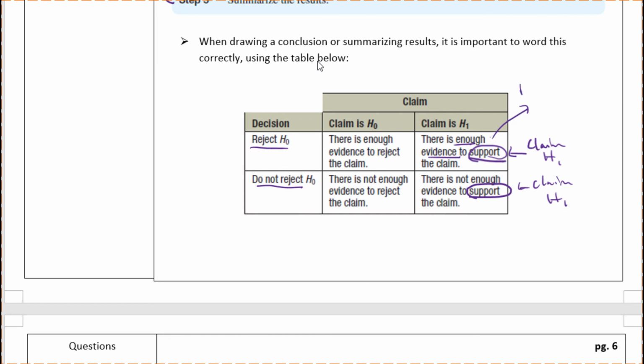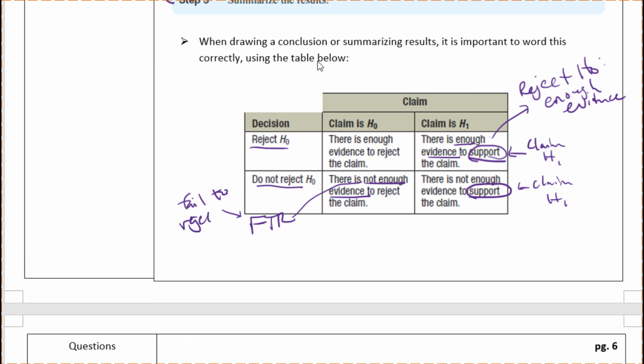So reject H0, we say enough evidence. So rejecting H0 means you have enough evidence to reject it, or to support the claim or whatever. And if we do not reject, then we say there is not enough evidence. So this is fail to reject. I'm just going to use FTR for fail to reject.